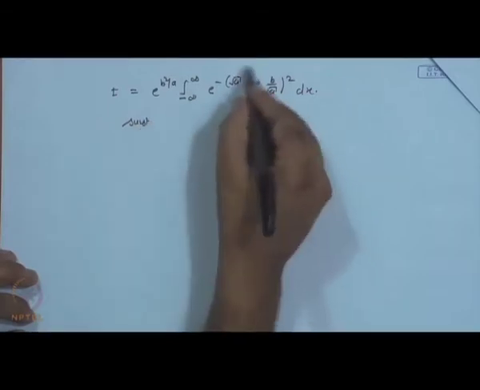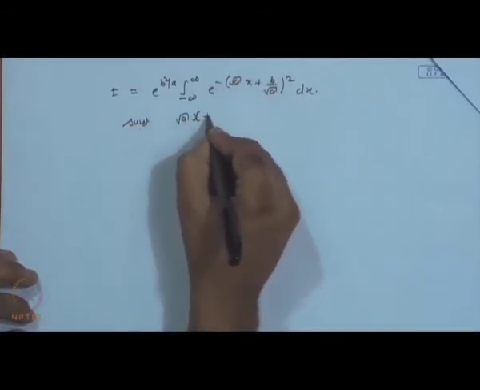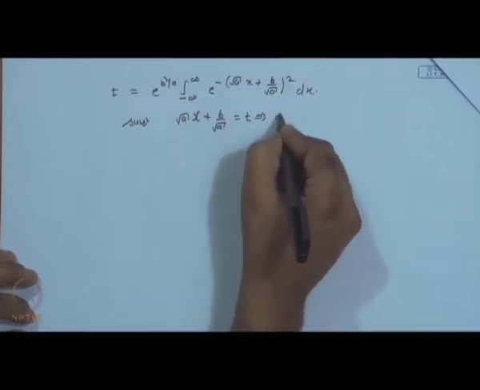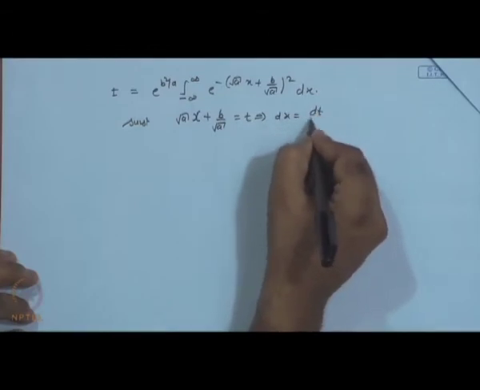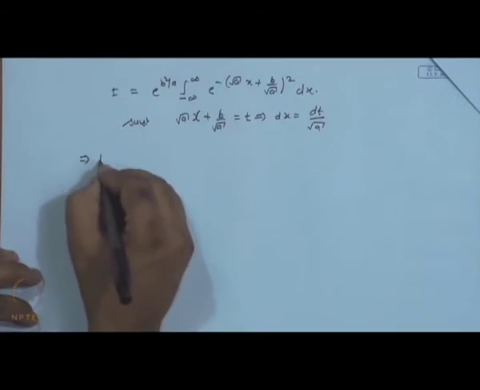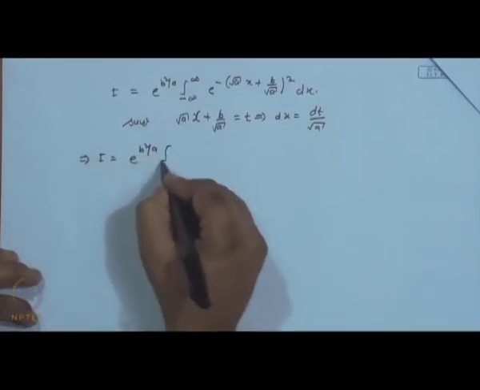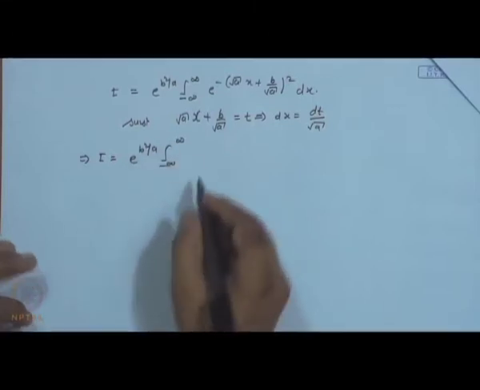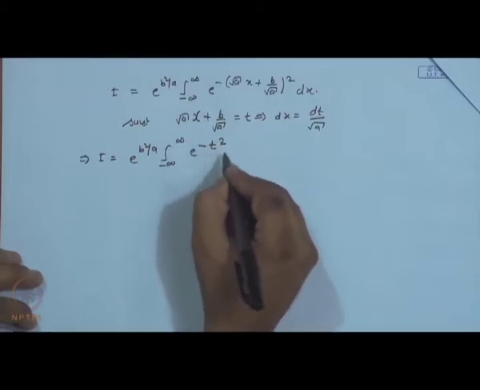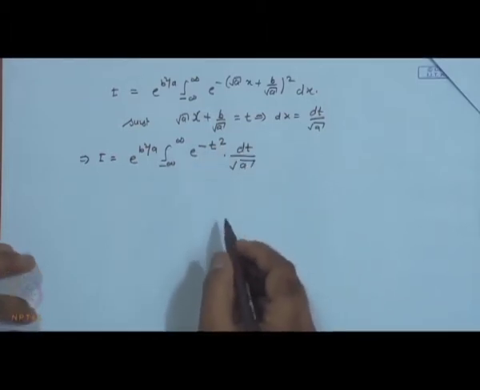Now, we substitute a new variable, t equal to square root a x plus b over square root a, so that dx is equal to dt over square root a. This implies that I is e^(b^2/a) times the integral from minus infinity to plus infinity of e^(-t^2), and dx is dt over square root a.